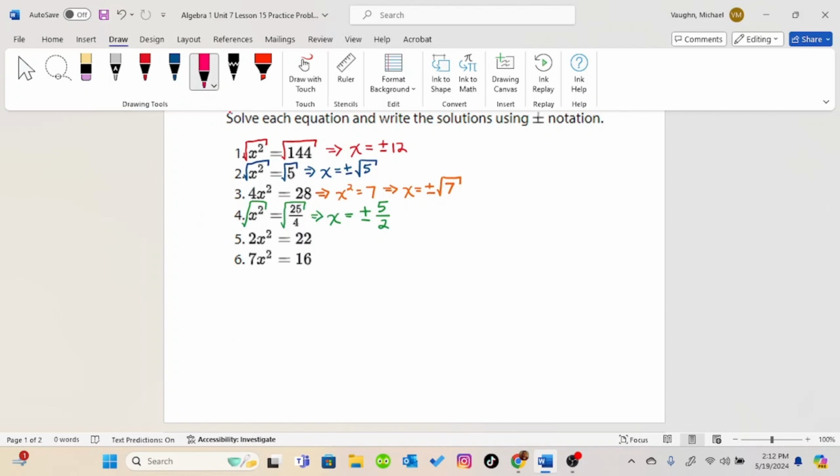The first thing we would need to do is divide both sides by 2. So this would become x squared equals 11. Now we would take the square root of both sides and we know that x would equal plus or minus the square root of 11.